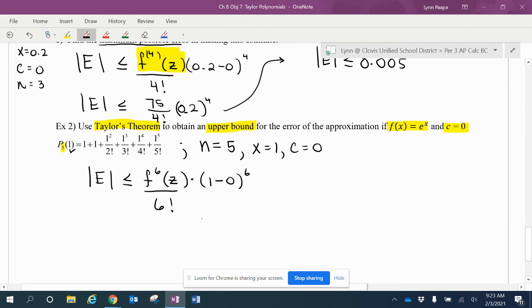So what we were not given is we were not given this value or anything with that. So then that is left up to us, right? So that means we have to find the maximum value of this, right? To come up with a number value for this. Since it wasn't given to us, then we need to go out to the 6th derivative.